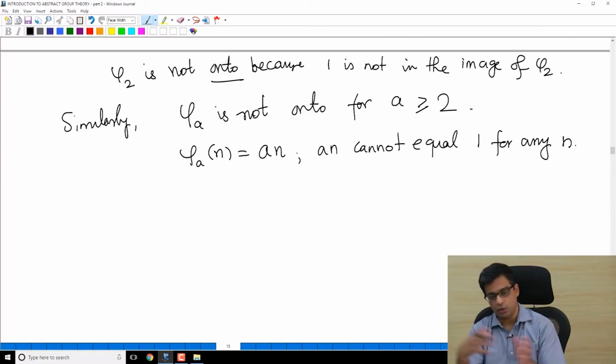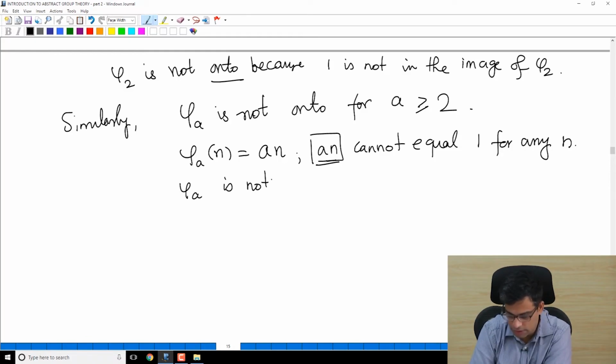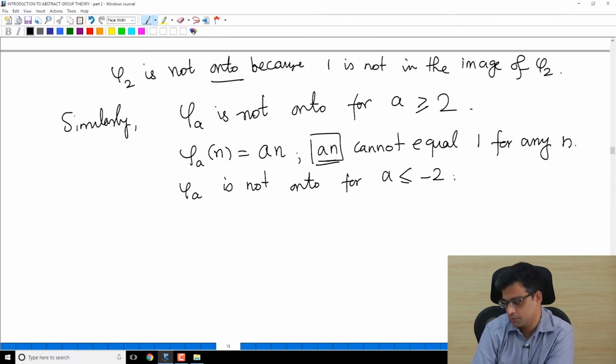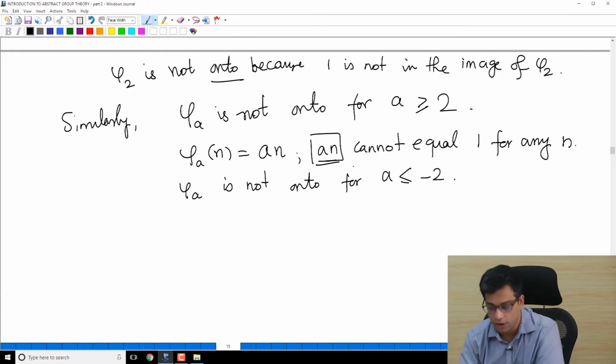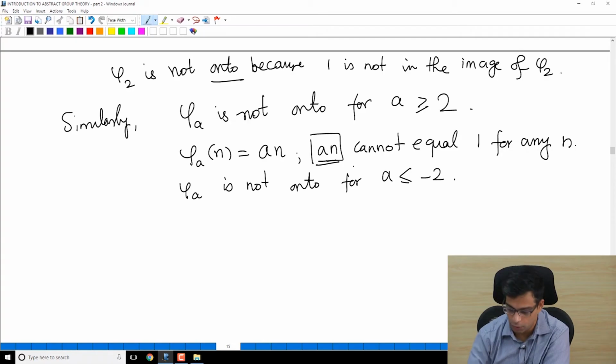So it sends an integer to A times this. If A is at least 2, it cannot equal 1, so it is not onto. What about A less than or equal to minus 2? For the same reason, it is not onto for A less than or equal to minus 2, right? Because again, minus 2n can never be equal to 1, minus 3n can never be equal to 1.